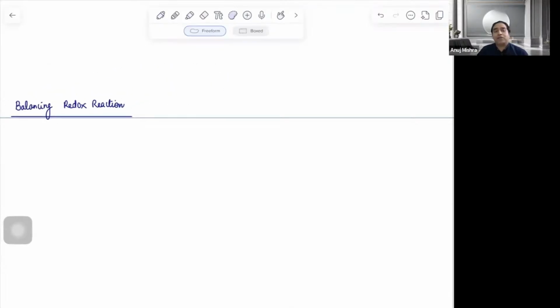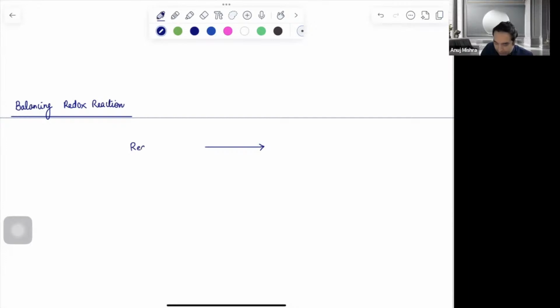As you know, balancing means whenever you write any chemical reaction, you try to ensure that across this arrow symbol, reactants written on the left and products written on the right should match.